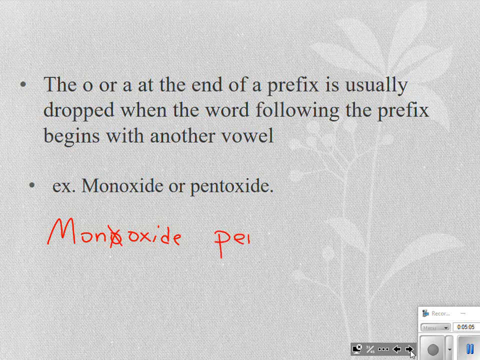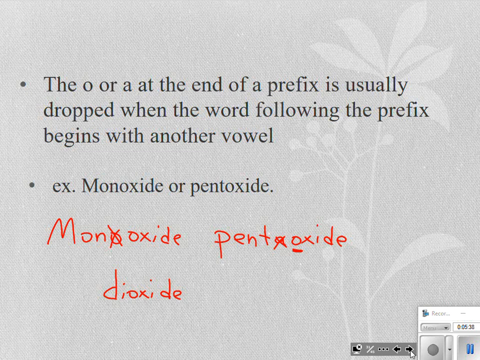I don't say penta-oxide. Since that O's there, I take that A off. Does that say anything in this rule about an I? So could I do dioxide? Could I do that? Absolutely, that's the way it's done.